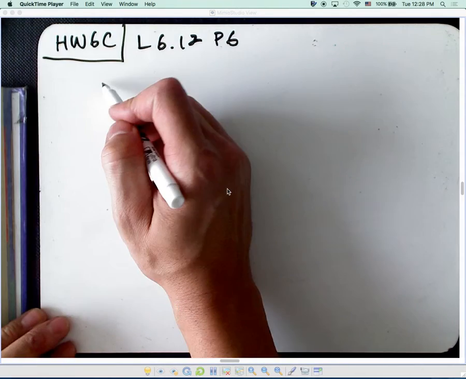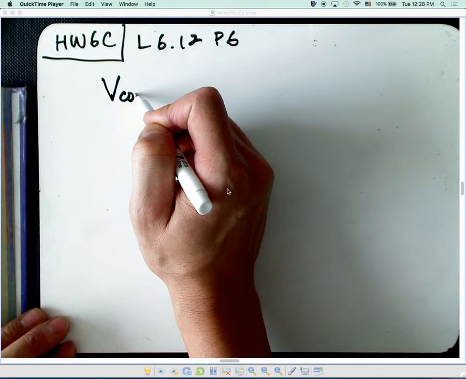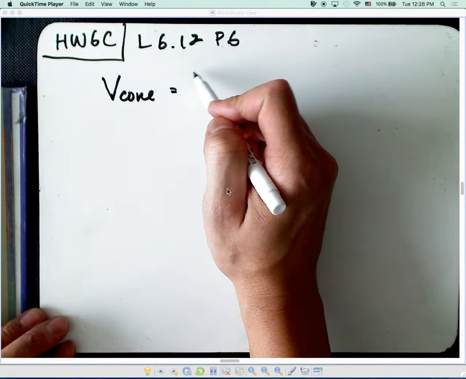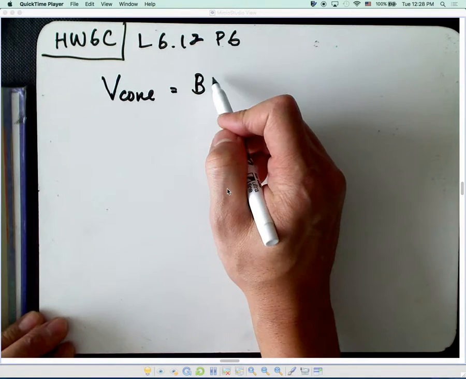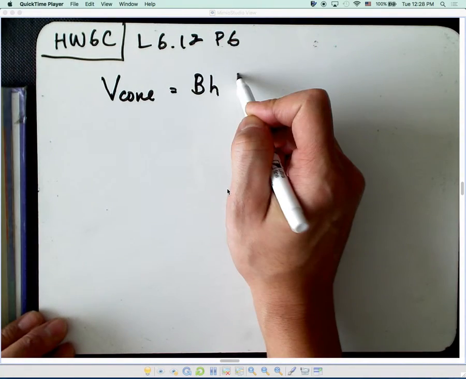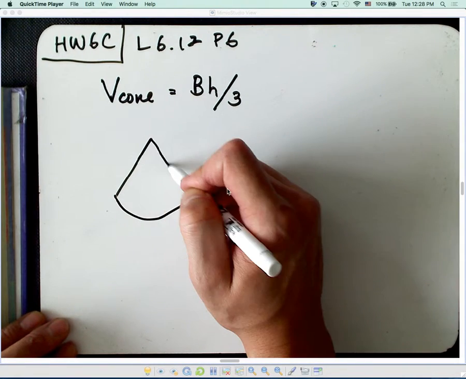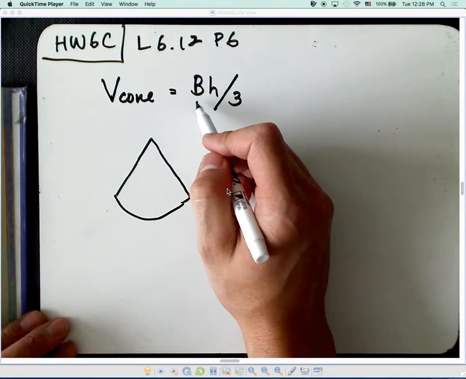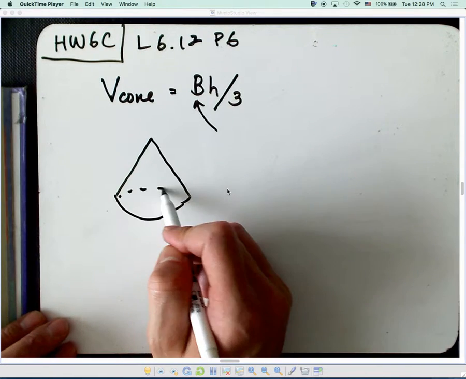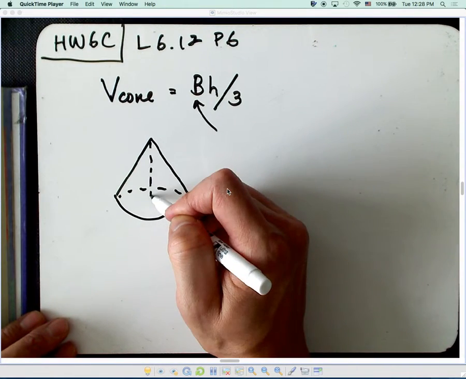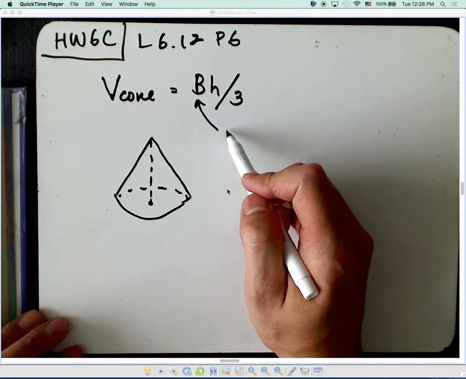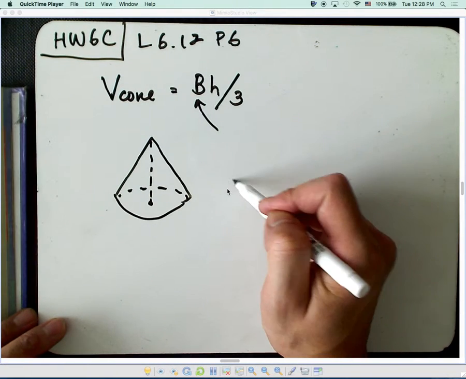Well, the volume of the cone, do you remember what that is? You find the base area, multiply by height, and then divide by 3. So how can we find the base area here? What shape is it? It is a circle, yes. So how do we find the area of the circle?